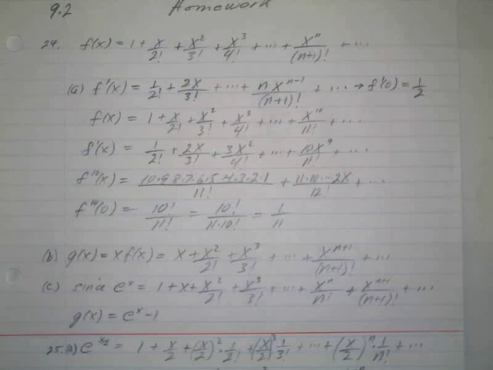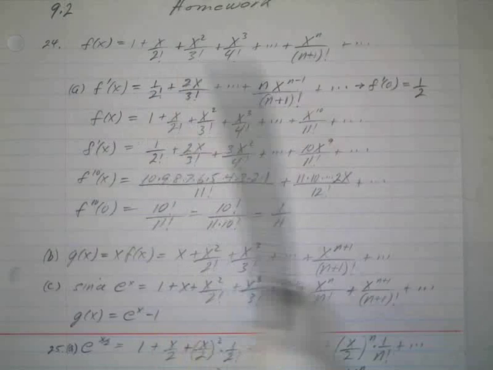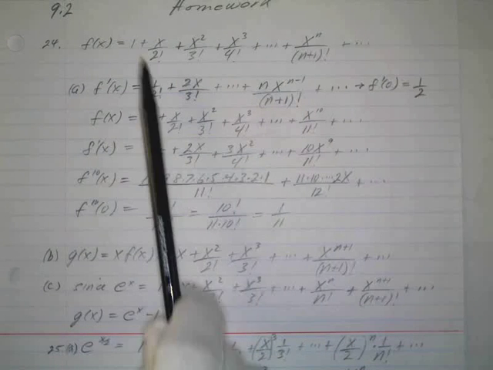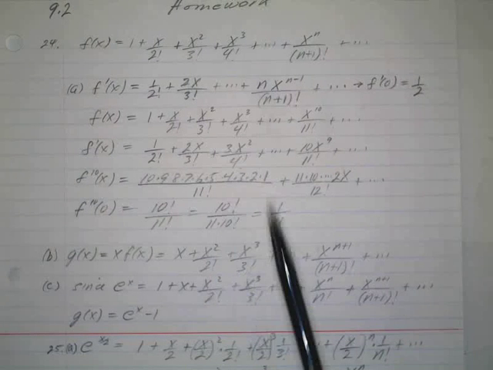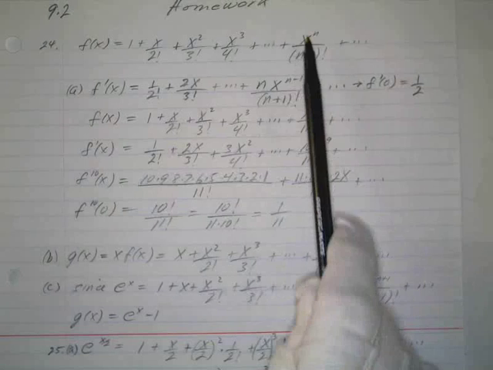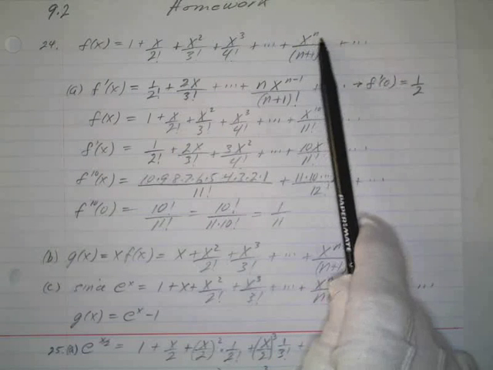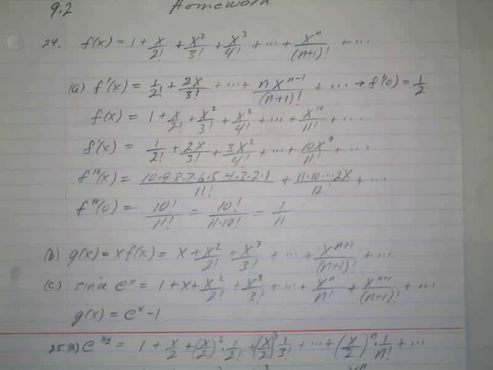Okay, the letter B part. Let G equal x times f of x. Write the Maclaurin series for G of x, showing the first 3 non-zero terms and the general term. So there was my f of x up here, and if I multiply it by x, I get x squared over 2, x to the third over 3, etc. And if I multiply that by x, that's going to be x times x to the n, which would be x to the n plus 1, and that's still going to be over n factorial.